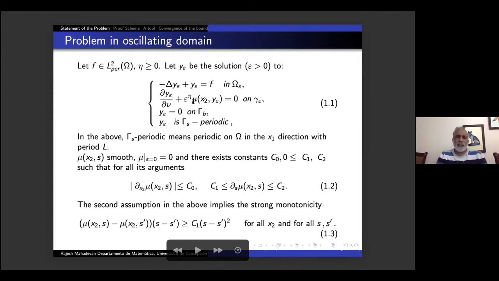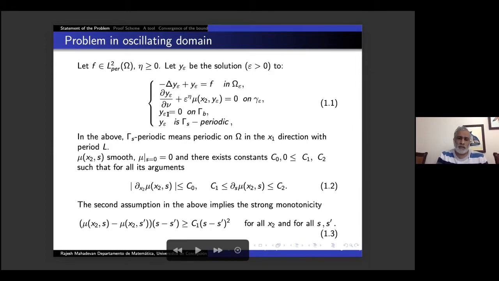The nonlinearity mu is a typical monotone function in the y variable, and we assume it to be differentiable in this variable and strongly monotone in the following sense. Under such conditions, the existence of a unique solution to the above problem can be shown in the setup of monotone operators.